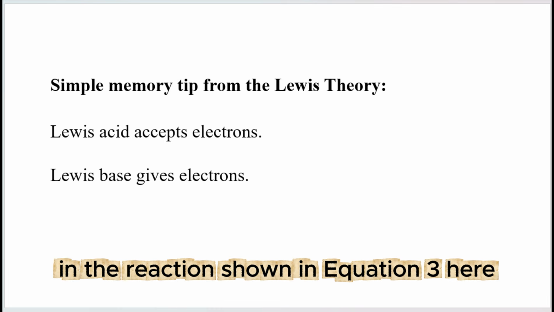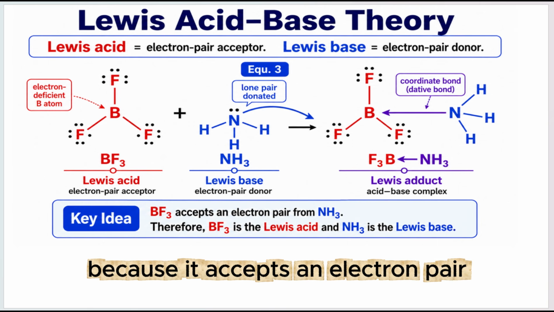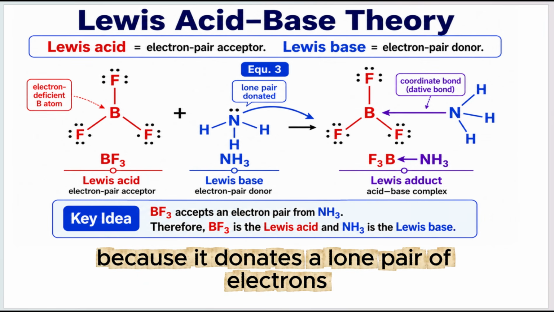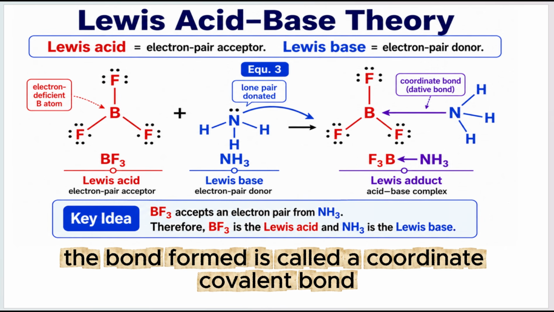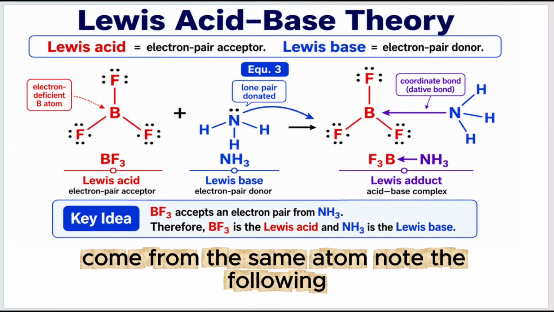In the reaction shown in equation 3 here, barium fluoride is the Lewis acid because it accepts an electron pair. Ammonia is a Lewis base because it donates a lone pair of electrons from nitrogen. The bond formed is called a coordinate covalent bond or dative bond because both electrons in the bond come from the same atom.